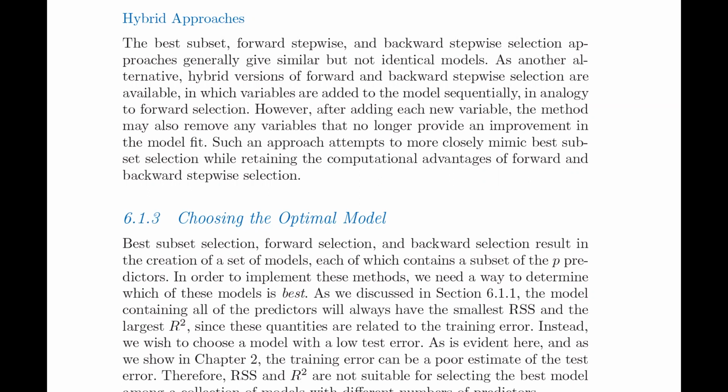However, after adding each new variable, the method may also remove any variables that no longer provide an improvement in the model fit. Such an approach attempts to more closely mimic best subset selection while retaining the computational advantages of forward and backward stepwise selection.